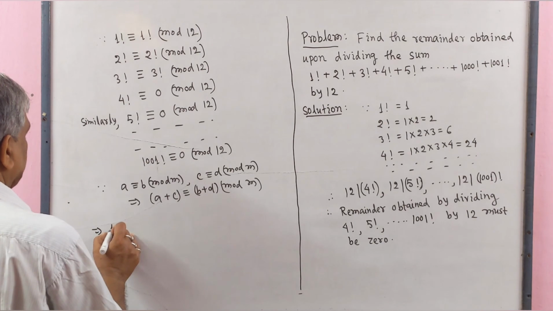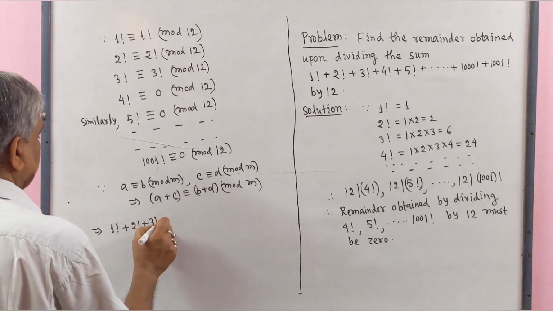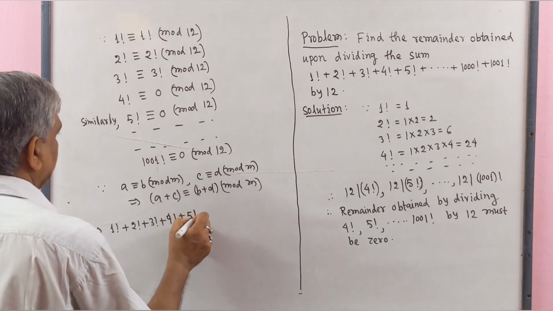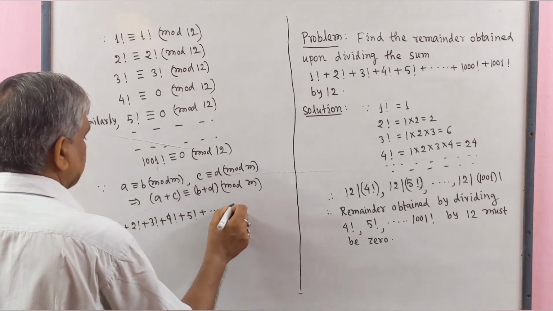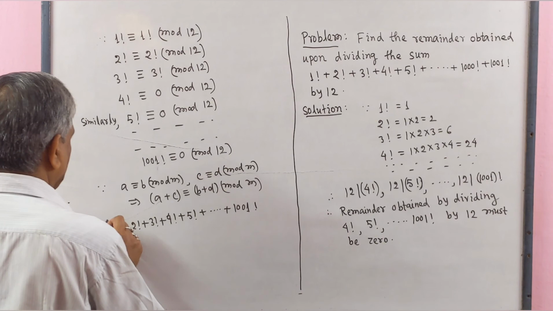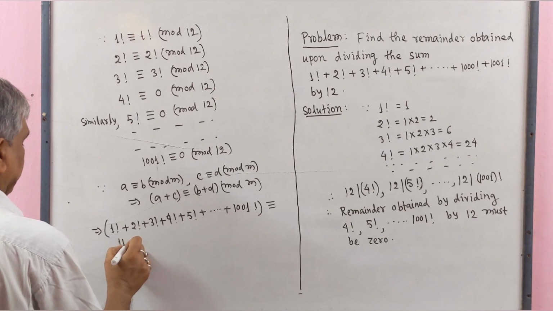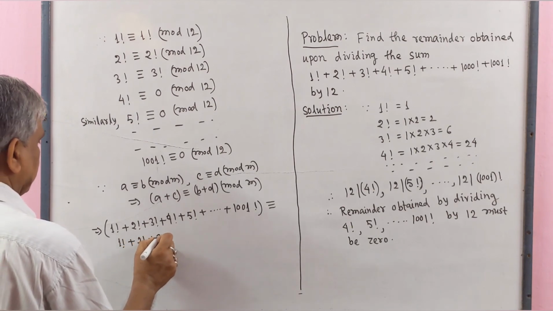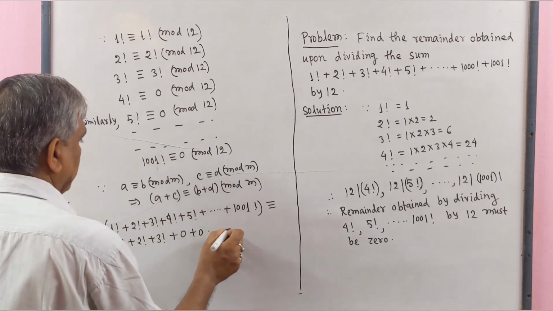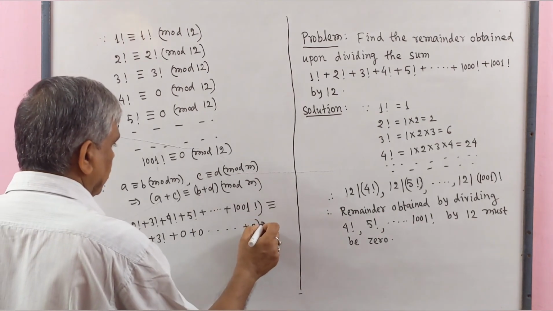Implies that factorial 1 plus factorial 2 plus factorial 3 plus factorial 4 plus factorial 5 plus dot dot dot plus factorial 1001 is congruent to factorial 1 plus factorial 2 plus factorial 3 plus 0 plus dot dot dot plus 0 modulo 12.